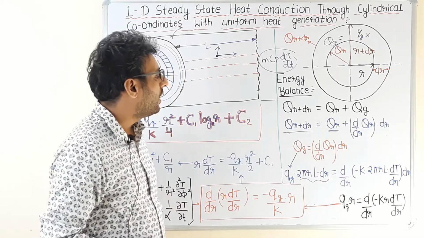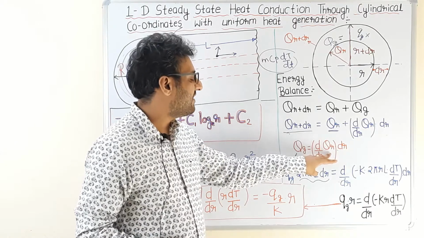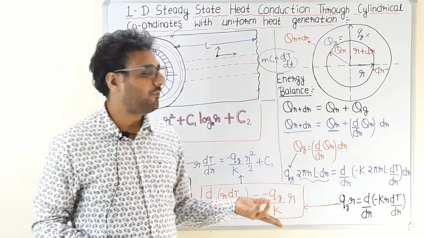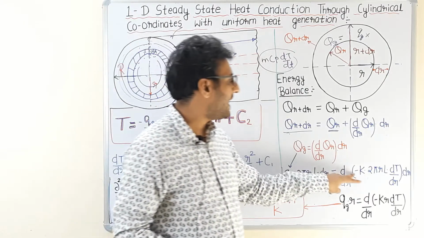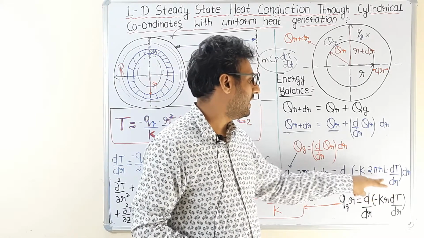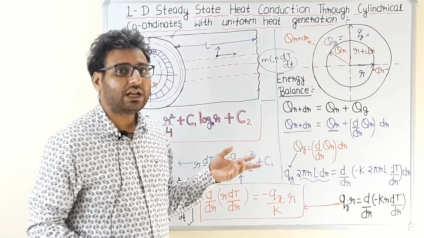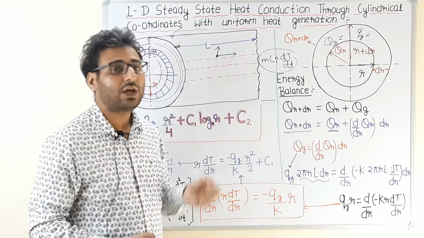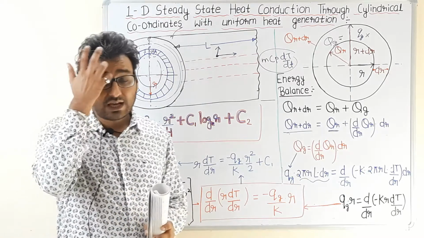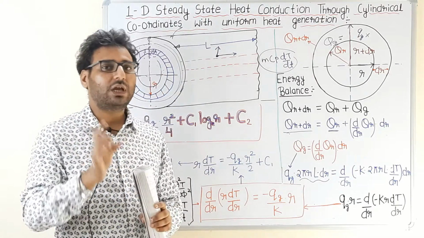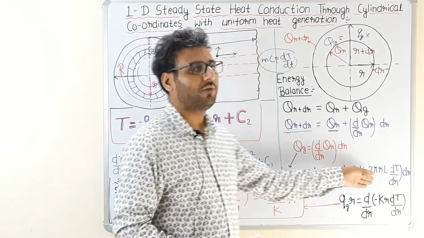Now Qr, heat conduction, is given by Fourier's law of heat conduction, which is minus K A dT upon dr. Here the area is the radial area because heat is flowing in the radial direction. As we already know, we take the area which is perpendicular to the heat flow direction in Fourier's law of conduction.